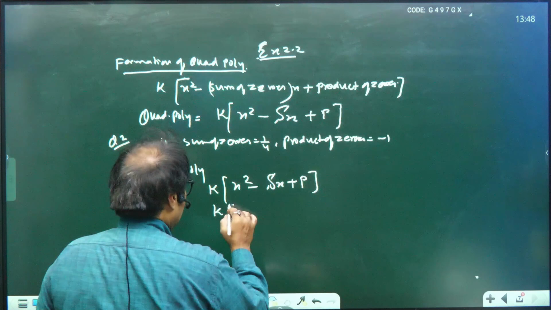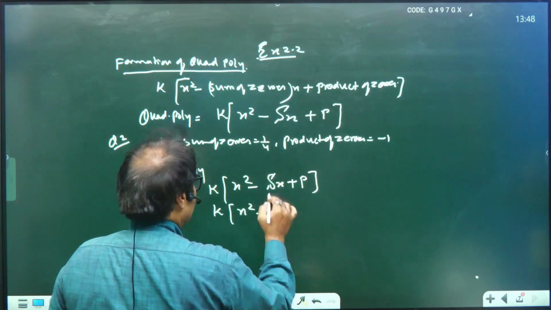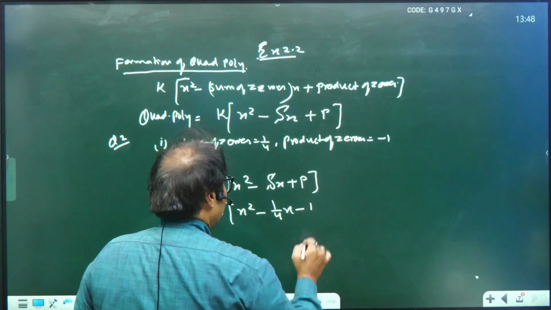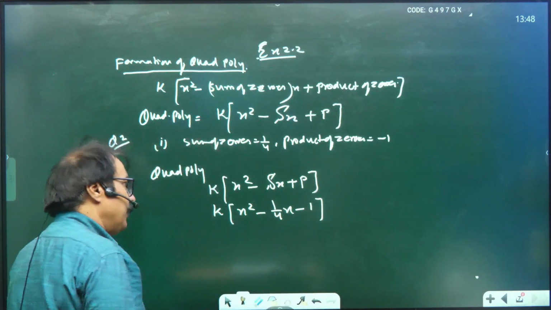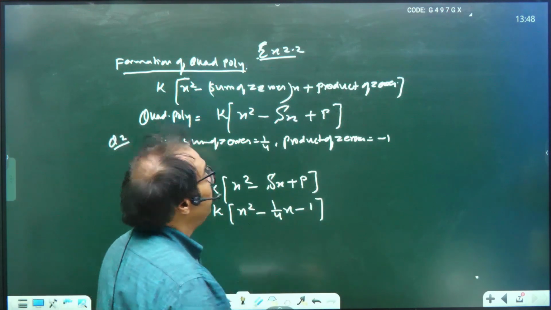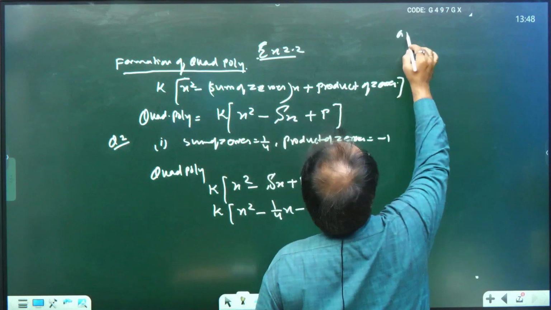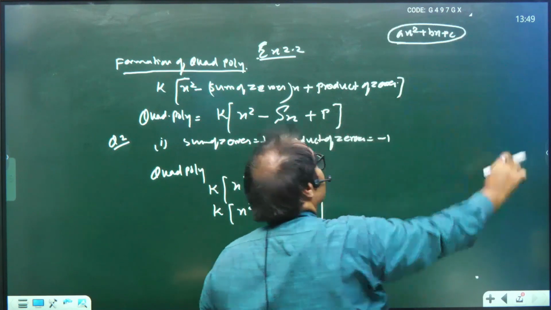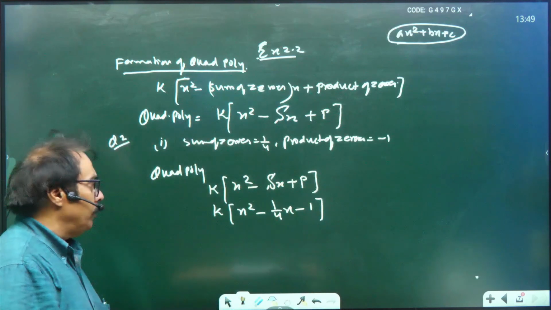So it is k times x square, and the sum is given 1 by 4 x, and the product is given minus 1. After putting the values, it should be in the standard form, ax square plus bx plus c. This is our standard form of quadratic polynomial.